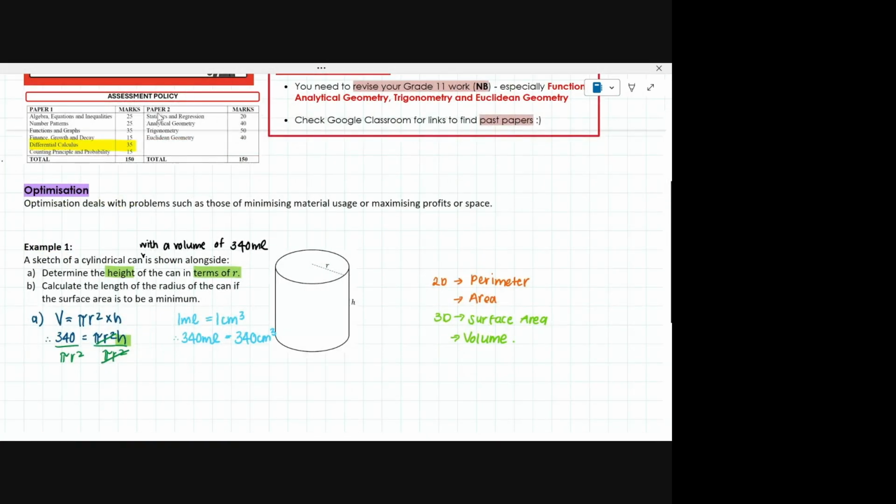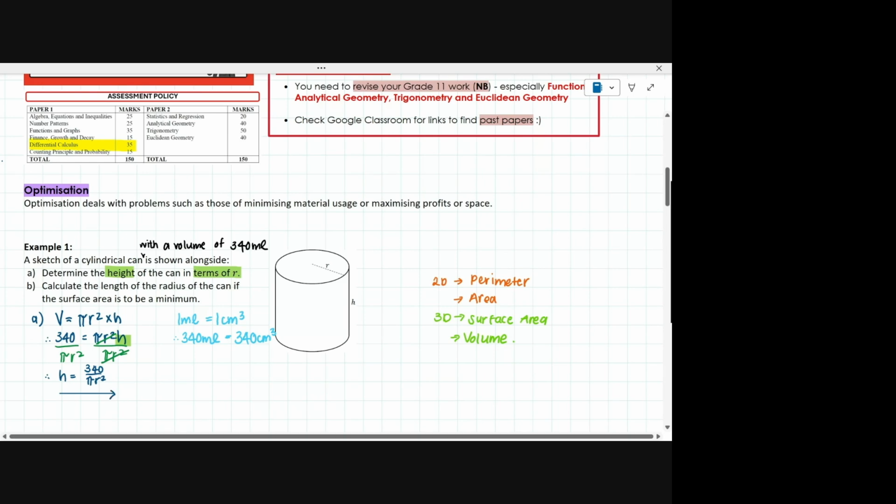And so I found that my height is equal to 340 over pi r squared. Not the nicest looking expression, but I have determined the height in terms of r. So we've answered question A.